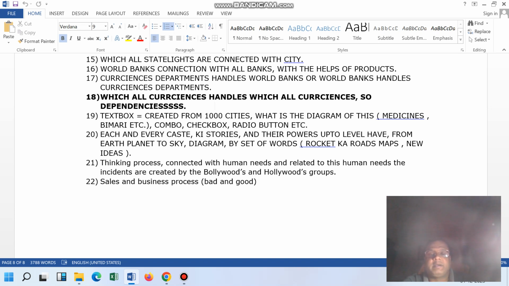So what is government? You can see what government actually is.